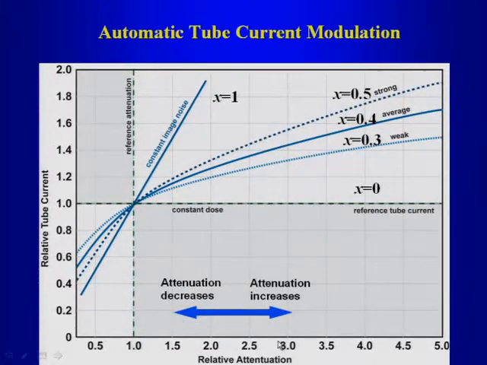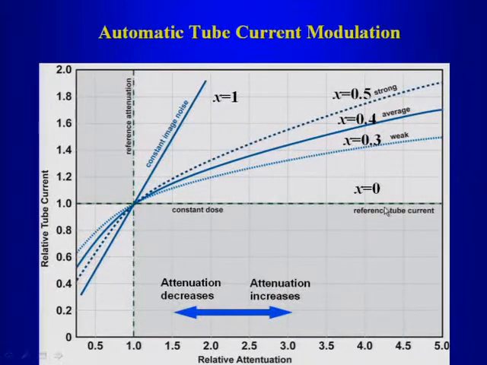The horizontal axis is the attenuation relative to a reference attenuation level. You can think of a standard size patient as the reference attenuation level. And the vertical axis is the tube current relative to a reference tube current level. These 5 curves show how the tube current changes with the change of attenuation level for different modulation strengths.